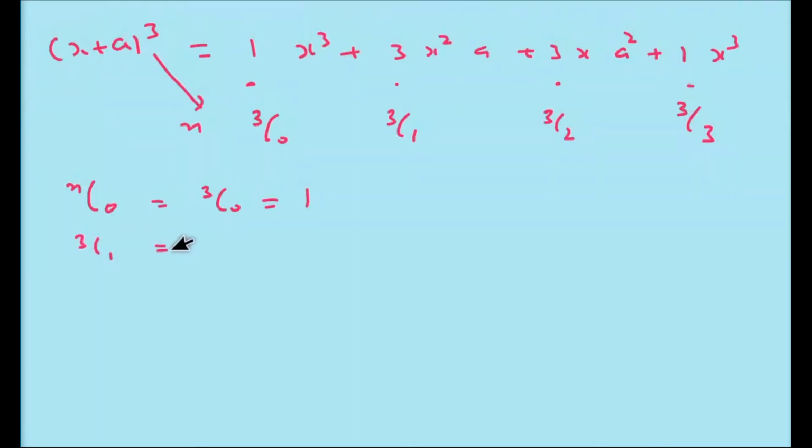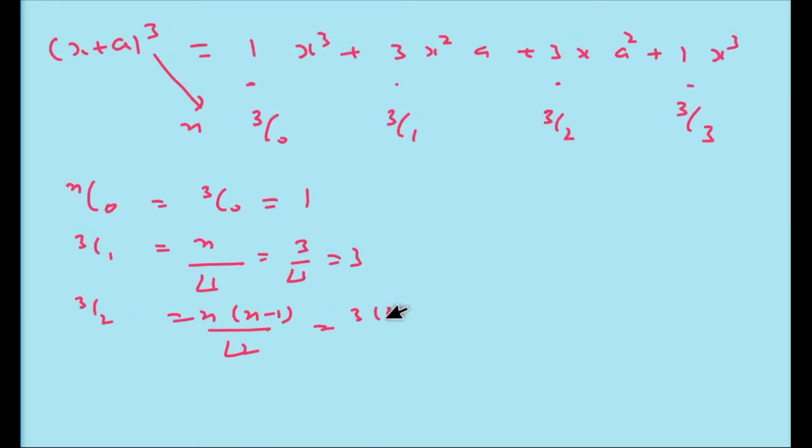3C1, we can find the value of this using this formula: n, n minus 1, n minus 2 upon factorial 1. What is the formula then? It is equal to 3 upon factorial 1, equal to 3. 3C2, that is 2 factors, n, n minus 1 upon factorial 2, 3 into 3 minus 1 upon 2 into 1.